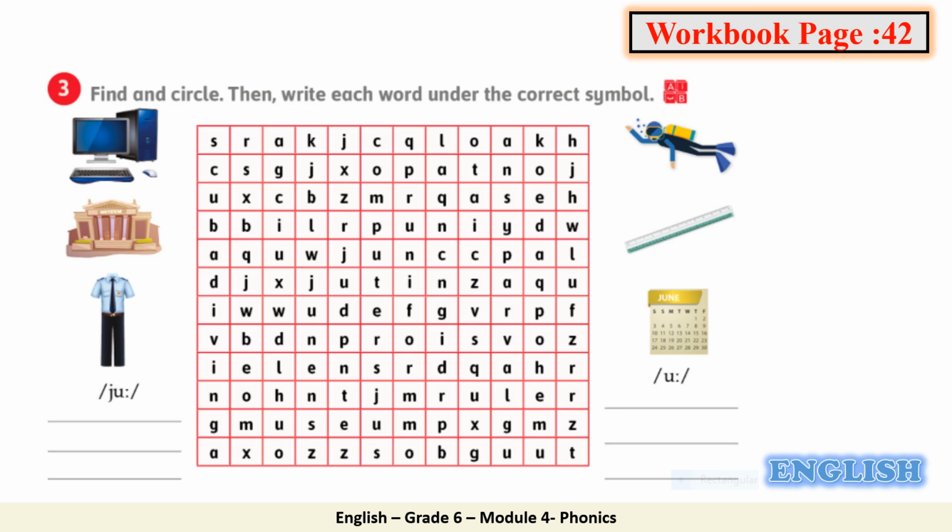I'd like for you guys to look for them in the crossword puzzle before you, and then write each word that you find under the correct sound, whether on the left with U sound or on the right under the oo sound. Now, pause the video for a little bit, find the words, circle them, and then write them correctly under each sound, and then let's check our answers later.